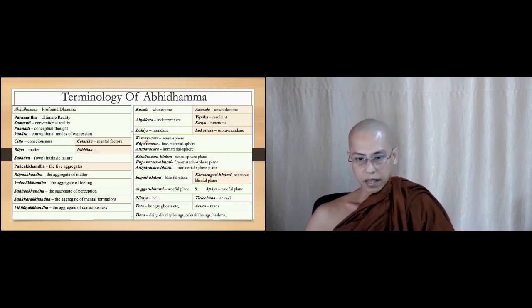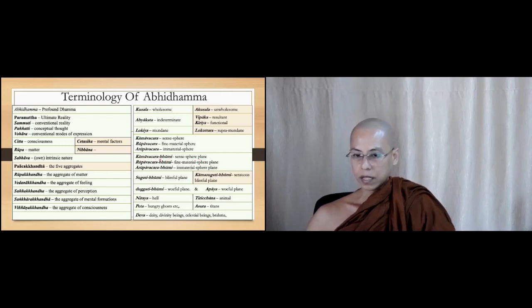Okay, then if we classify the lokiya according to the plane of existence, this becomes kamavachara, rupavachara, arupavachara. This was already mentioned in the lesson when we classified the consciousness according to the plane of existence. These words are used. Then these are the bhumi. Bhumi is plane.